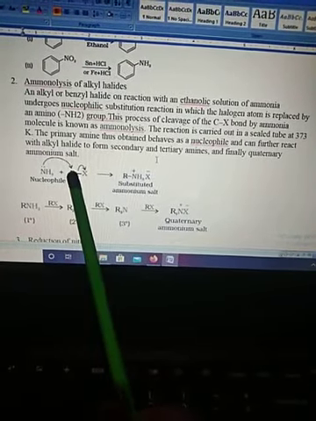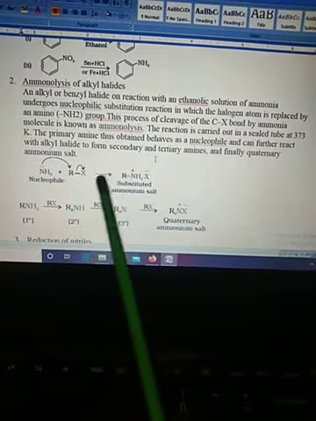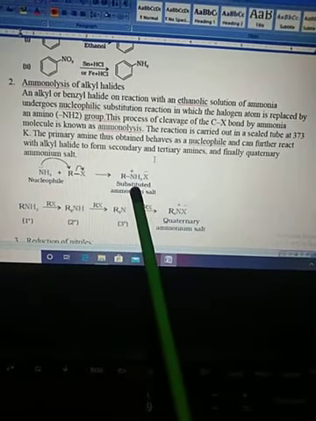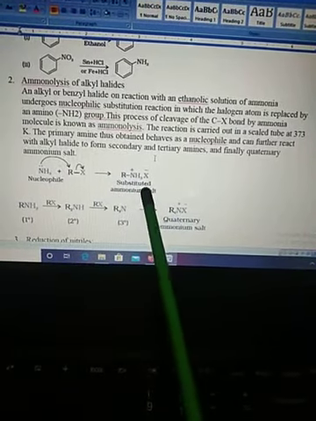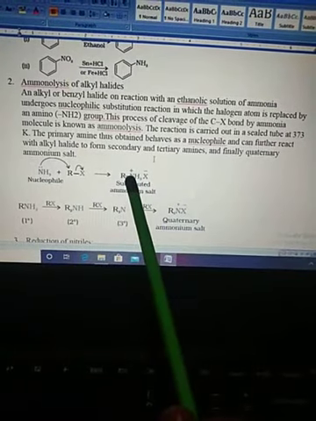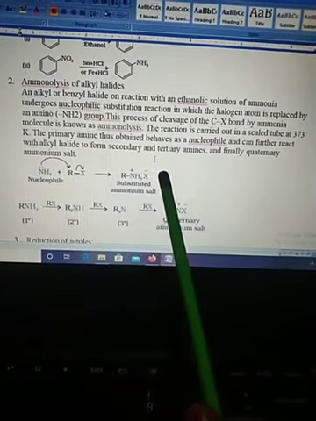When it happens like that, it is going to form a substituted ammonium salt. That means R will get added to that, and this will be X minus.